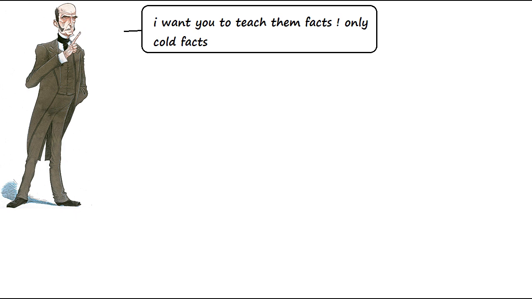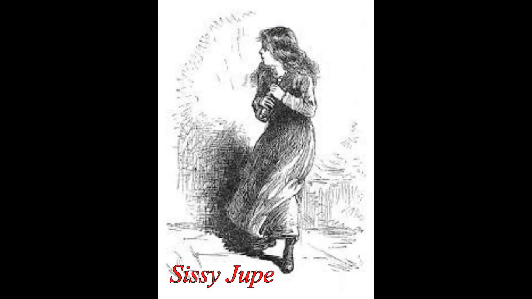So Gradgrind, or Thomas as well, visited the school and tested some of the students. And he asked a girl named Sissy Jupe. And a quick background about Sissy Jupe: her father rides horses in a circus, of course for entertainment.